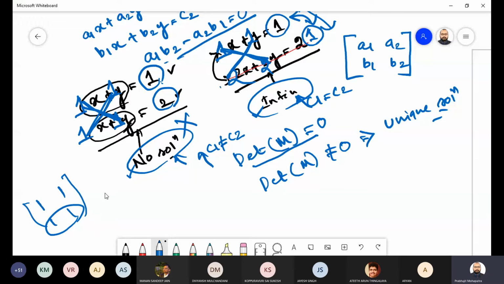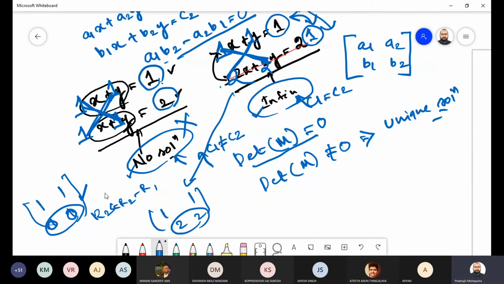Easily you can make it 0. How? You can write row 2 as row 2 minus row 1. So one row will become 0, meaning the determinant will be 0. Or if it is a multiple, for example 1 1, 2 2, you can make the last row 0 as well. So if you can make one row 0, the determinant will be 0 only. In that way also you can convince yourself.